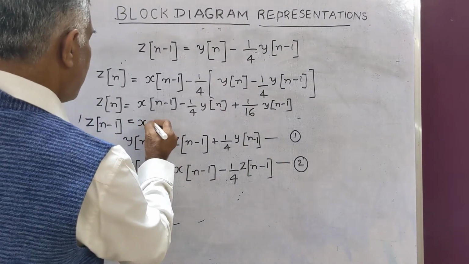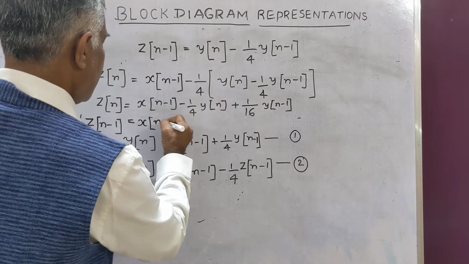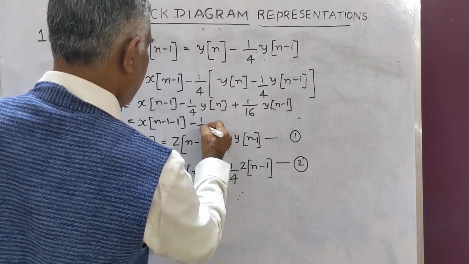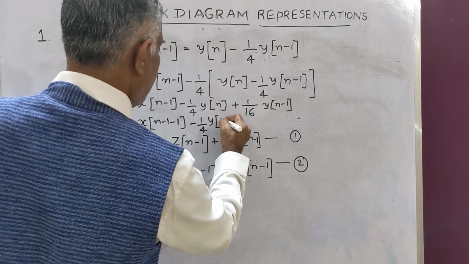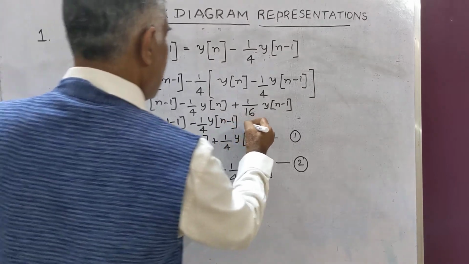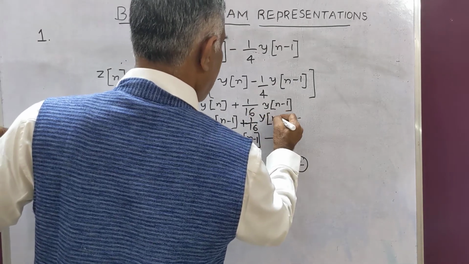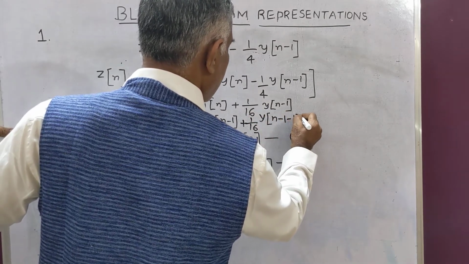So this becomes x of n minus 1 minus 1 minus 1 by 4 y of n minus 1 plus 1 by 16 y of n minus 1 minus 1.